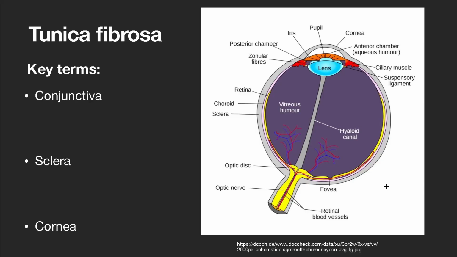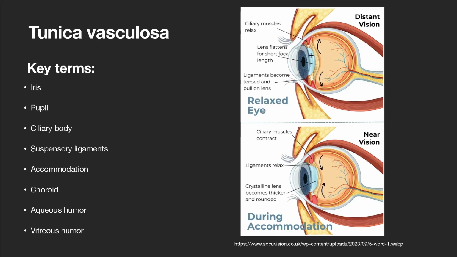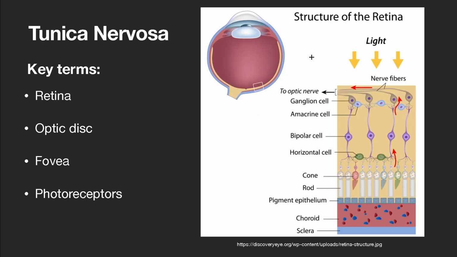So, the light, already somewhat refracted, enters the pupil here. The pupil refracts it even more into the lens, which in this situation is flat, as depicted here. The lens refracts the light. It's focused at the site of the retina.